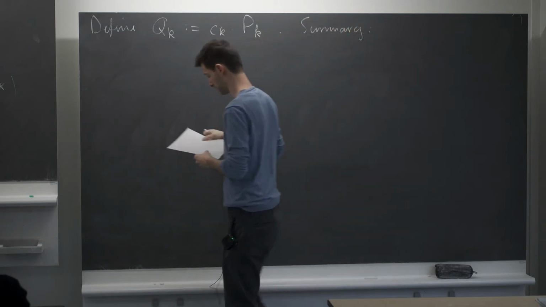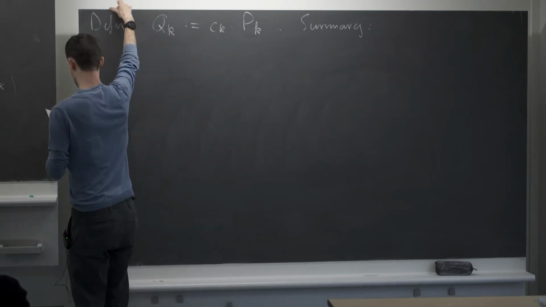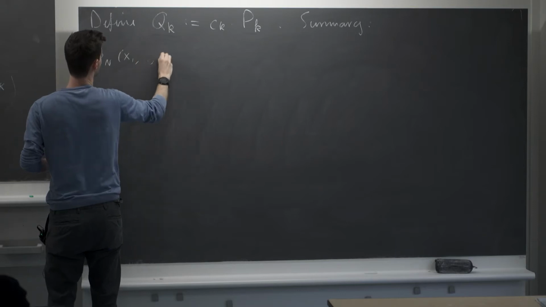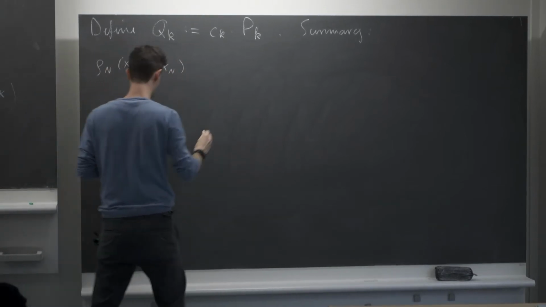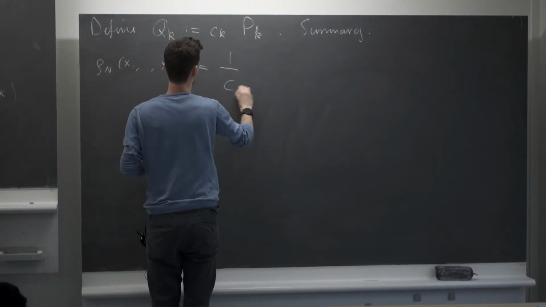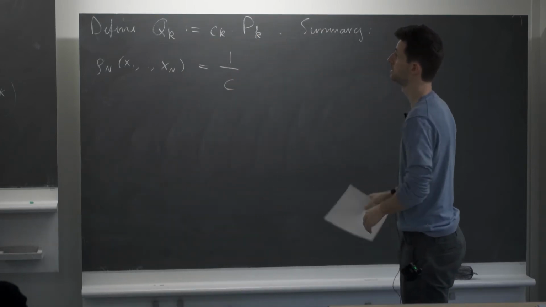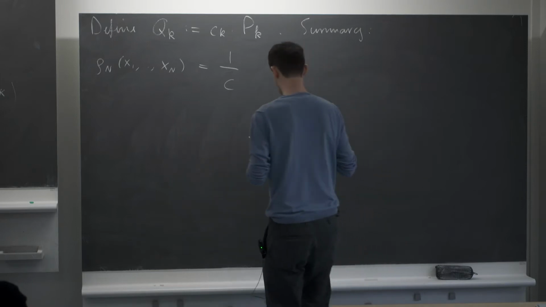So let me summarize these findings. We find that rho n of x1 up to xn is equal to some normalization constant, as always. Now I use the letter C, because it's different from the Z from before.